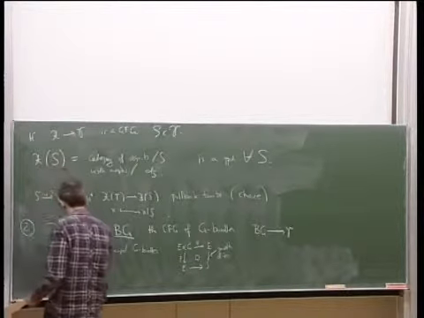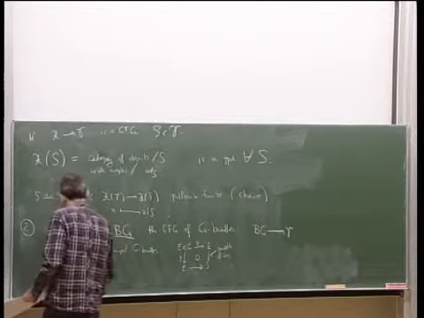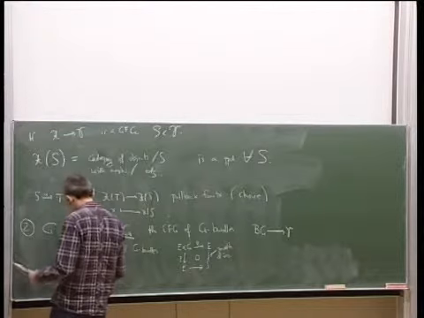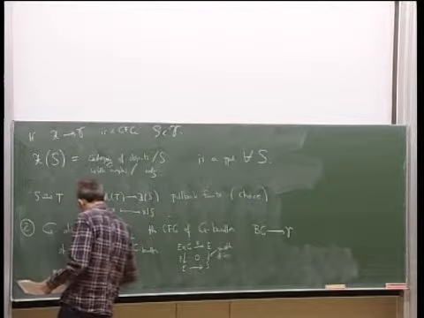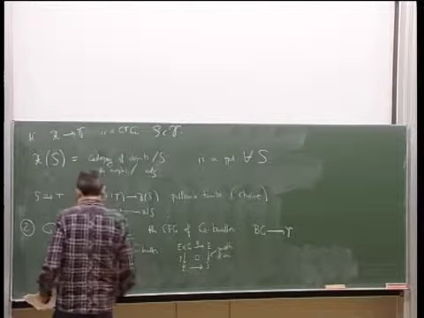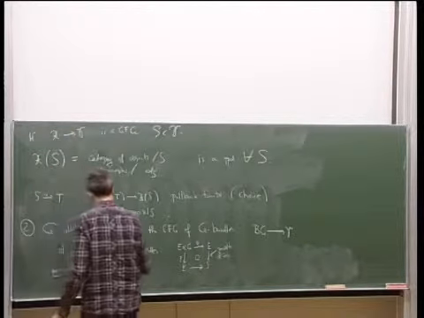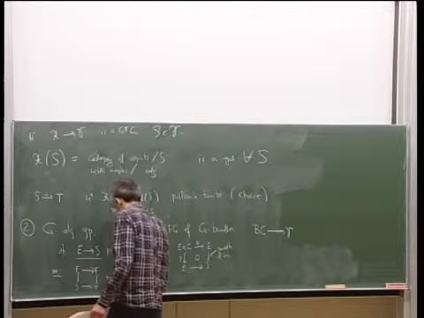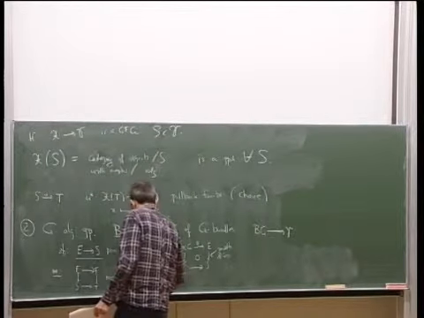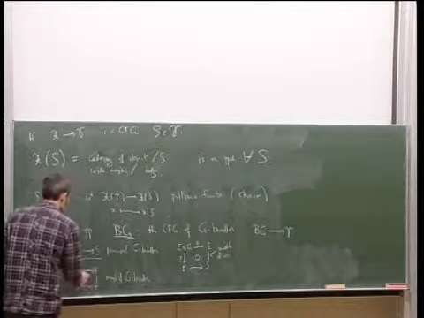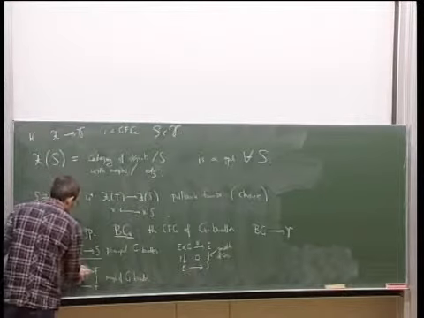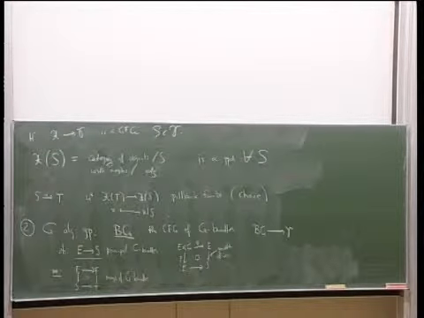And morphisms, well, if I have E to S, F to T, these are commutative diagrams where this map up there is G equivariant.